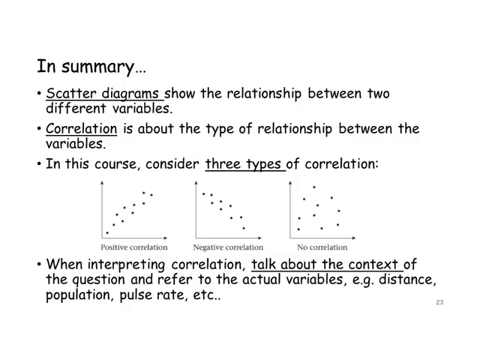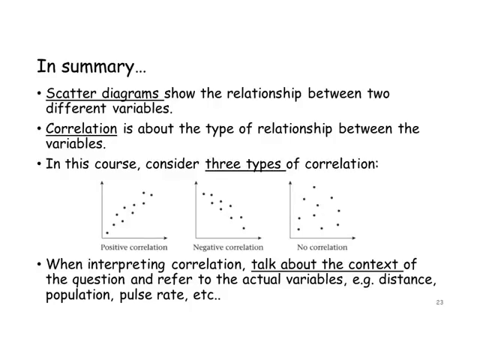And in summary, overall, scatter diagrams show the relationship between 2 different variables. Correlation is about the type of relationship between the variables, and in this course we will consider 3 types of correlation: positive correlation, negative correlation, no correlation.